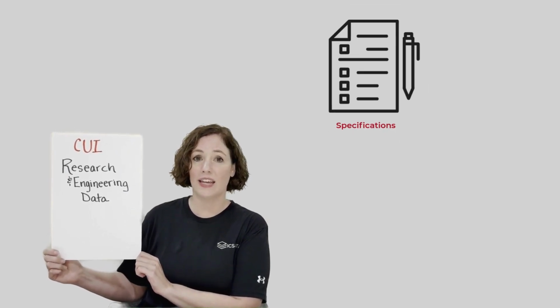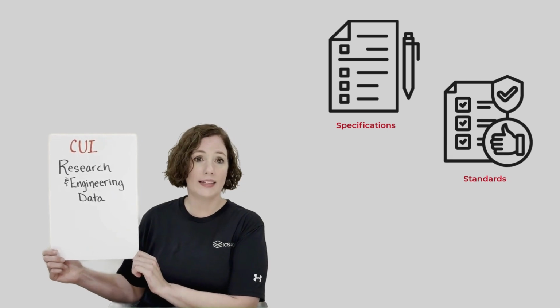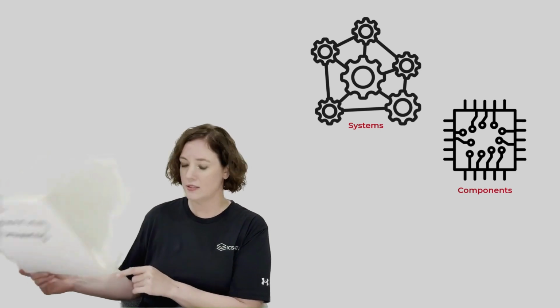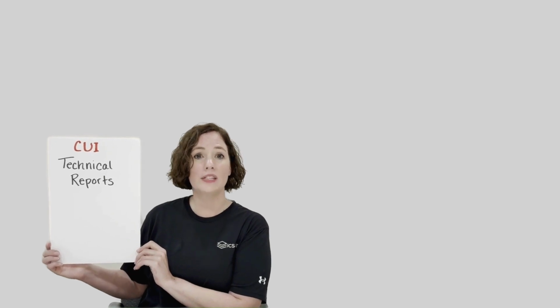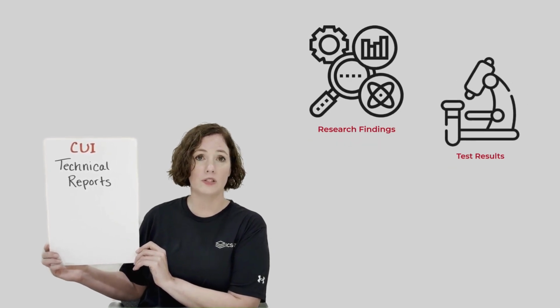Let's look at some real-world examples of CUI you might encounter. Research and engineering data, such as specifications, standards, or analysis reports. Engineering drawings, including detailed designs of systems or components. Technical reports containing summaries of research findings or test results.